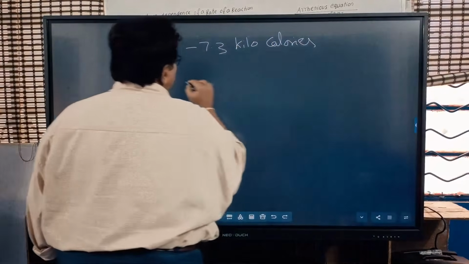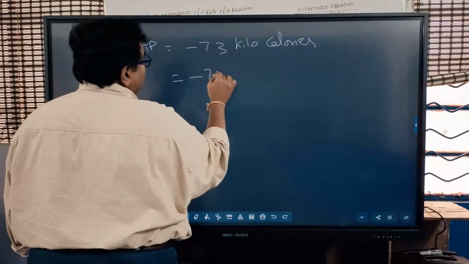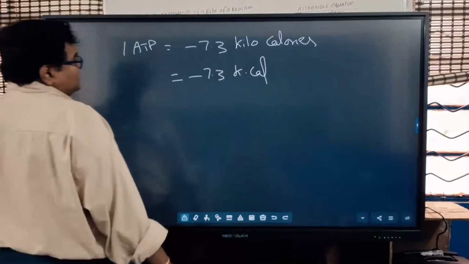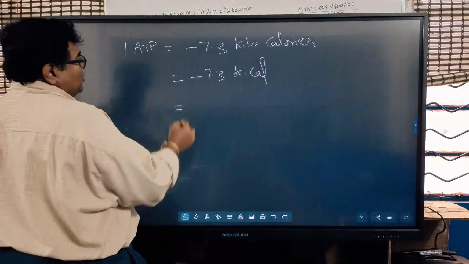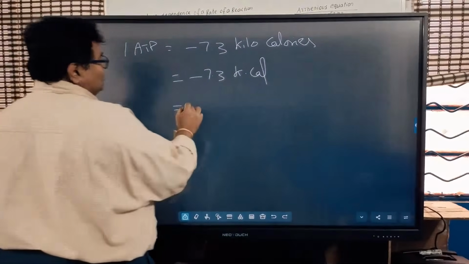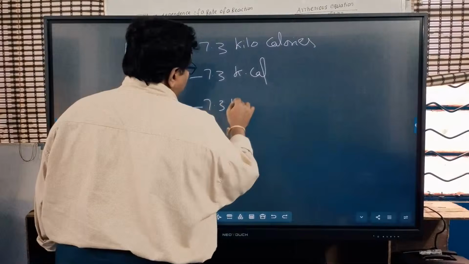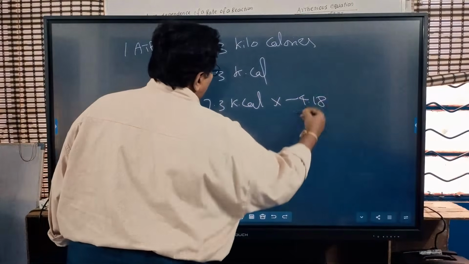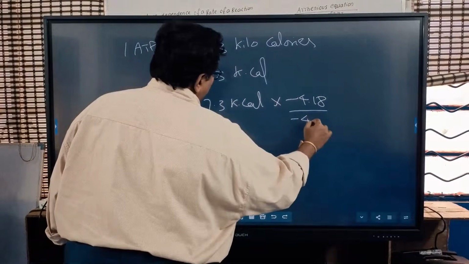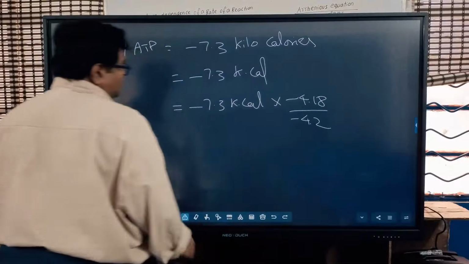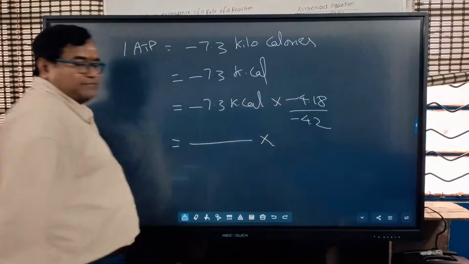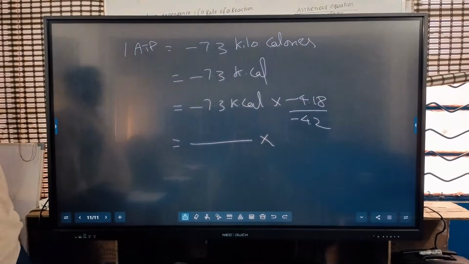In the NEET exam, when they give the question, they will say kcal. So how to convert kilocalories into kilojoules? We just need to multiply by 4.18 or 4.2, and automatically you'll be getting the value.